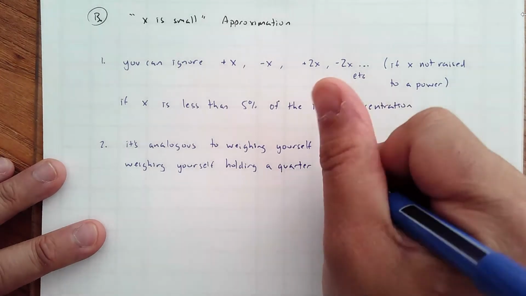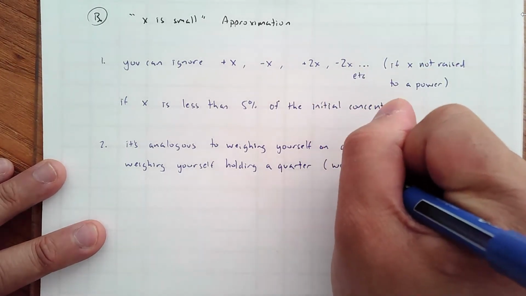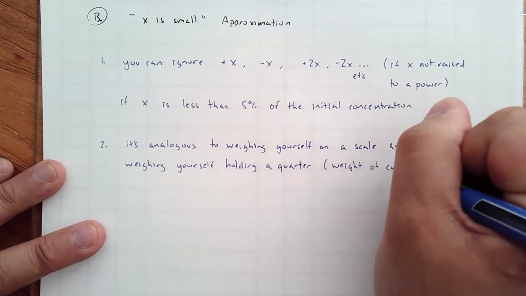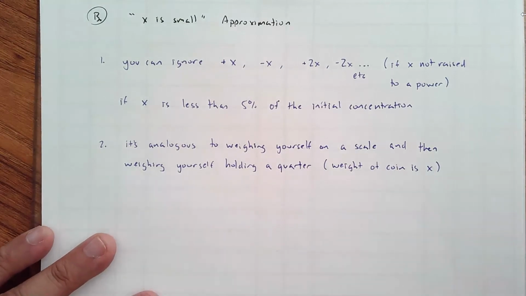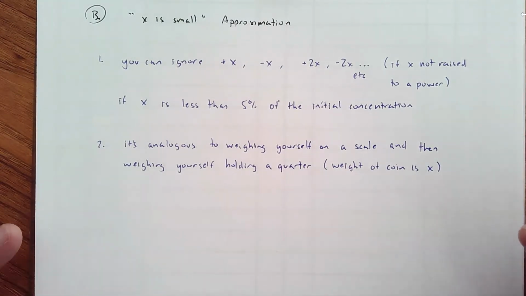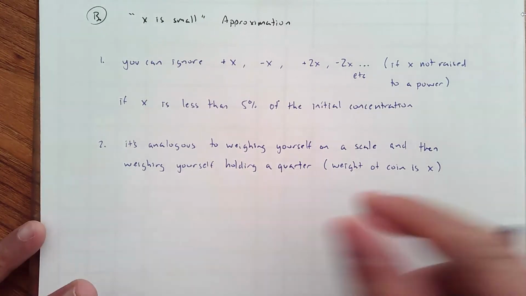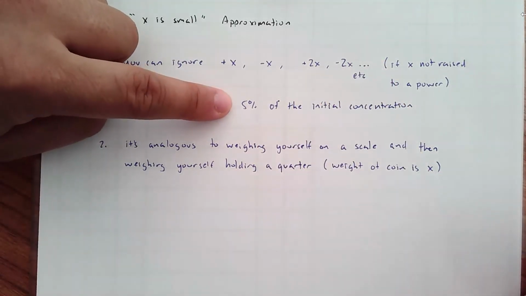This quarter is the x. It's essentially 0 when you compare it to the weight of your body. So when we add x, or the weight of the quarter, again, we can ignore it. It's definitely less than 5% of your body weight.